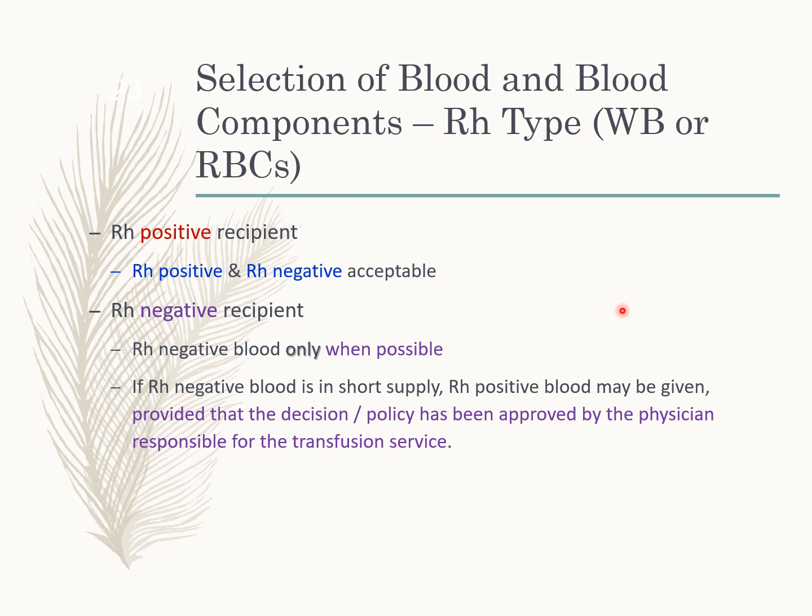The caveat to this is if there's a trauma and it's a woman older than childbearing age or a male, sometimes they will be given D positive units if D negative is in short supply.